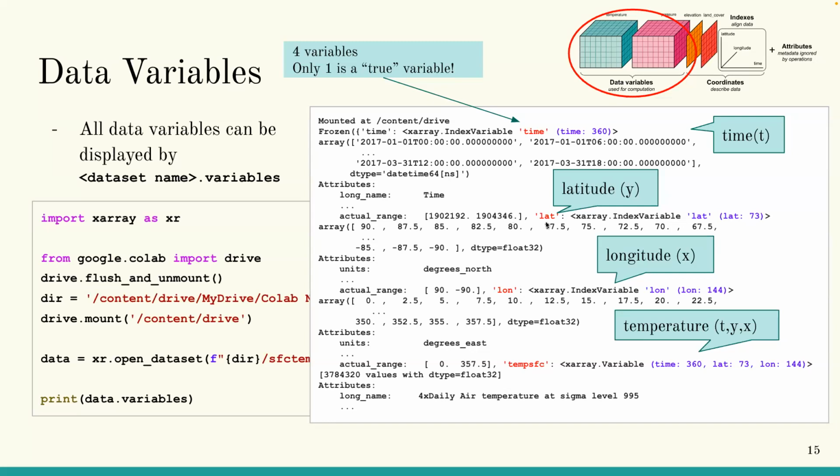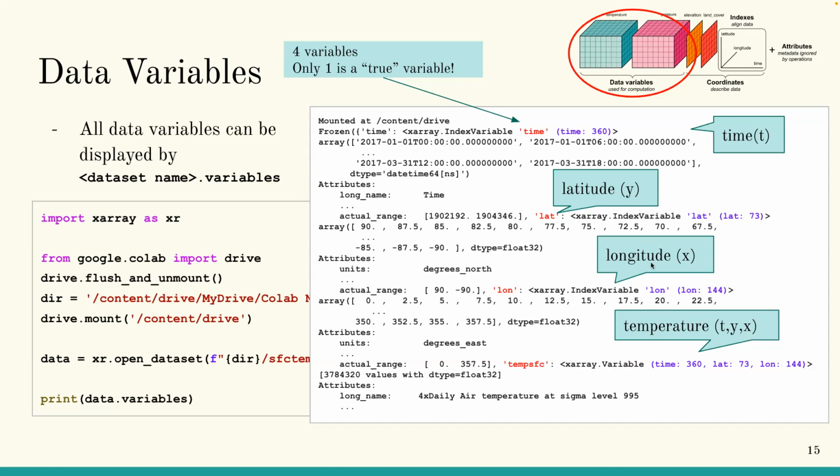And right after that, they give you latitude, and longitude, and temperature. The surface temperature variable is called TEMPSFC. It's the name of the variable. Whenever you want to get this variable, you need to know the name. This is a string that is storing the name of your data.